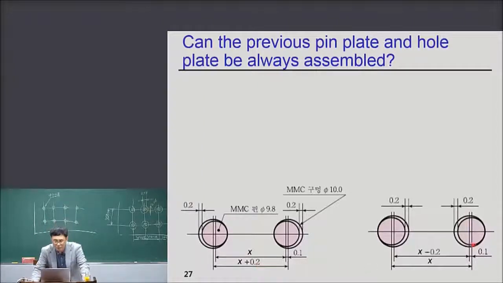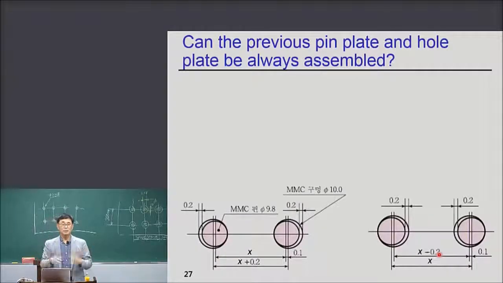Or in the other extreme case, if the center distance of the MMC pin is still x, then if the center distance of the MMC hole is x minus 0.2, it can be assembled. But if the center distance is smaller than x minus 0.2, then it cannot be assembled.